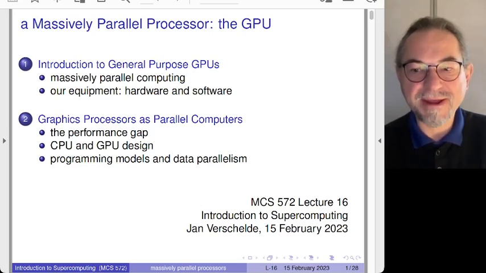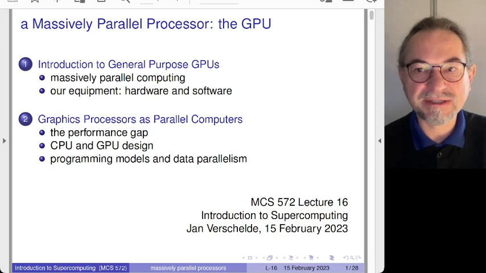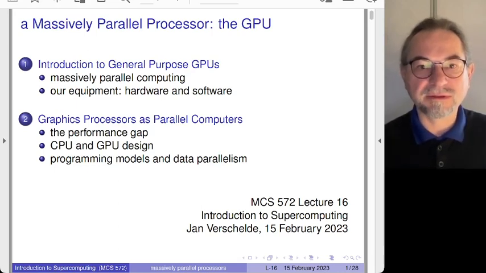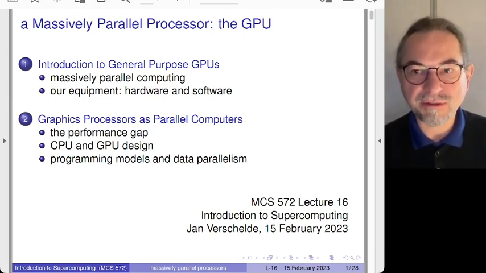The main conclusion of this lecture is that there is a lot of performance to be gained. However, the programming model depends on data parallelism. So that's fundamentally different from what is typically introduced.